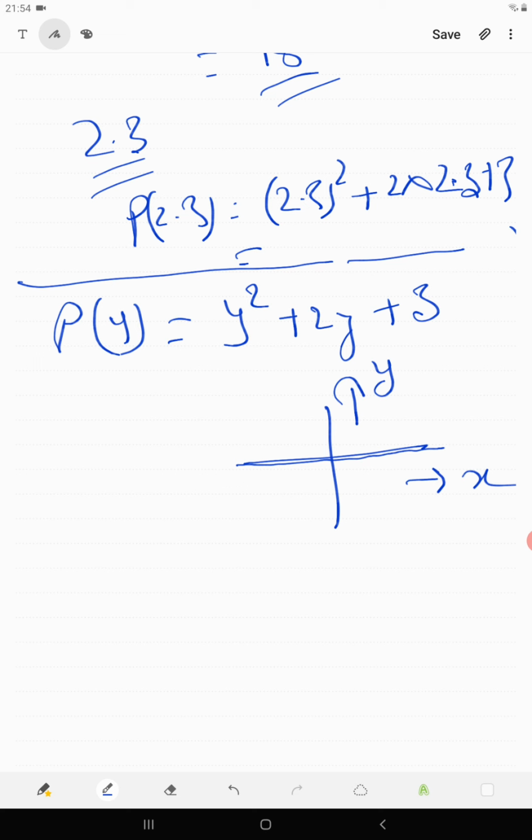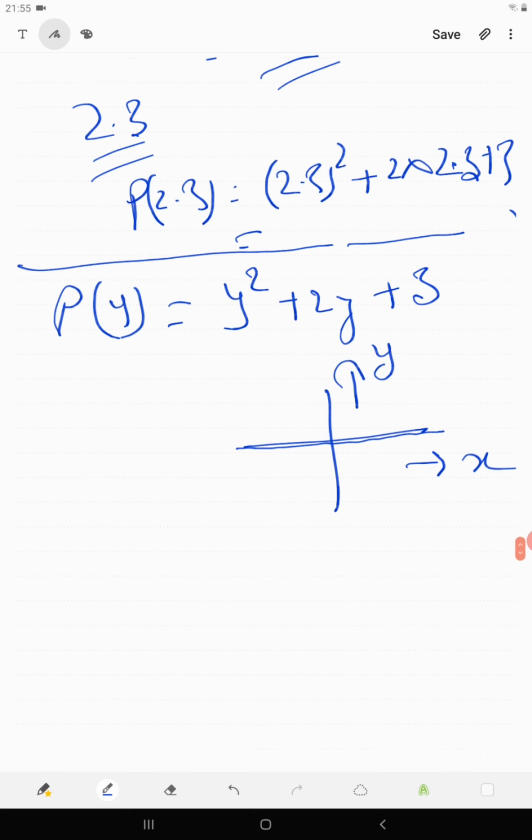So when we consider our two-dimensional coordinate system, the equation will be in the form of x and y only. This is a very important thing, but the polynomial can be represented in any form. But when we consider our two-dimensional coordinate system, it will be in the form of x and y. Okay. Then let's move on.